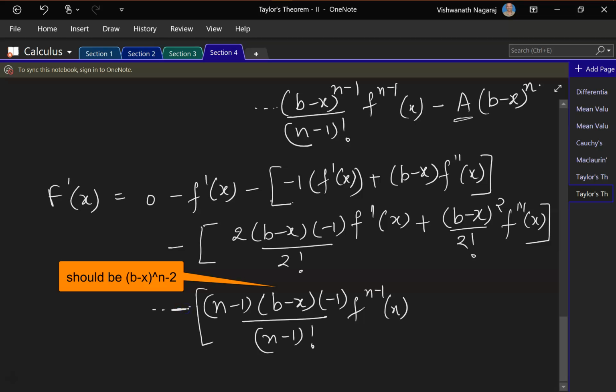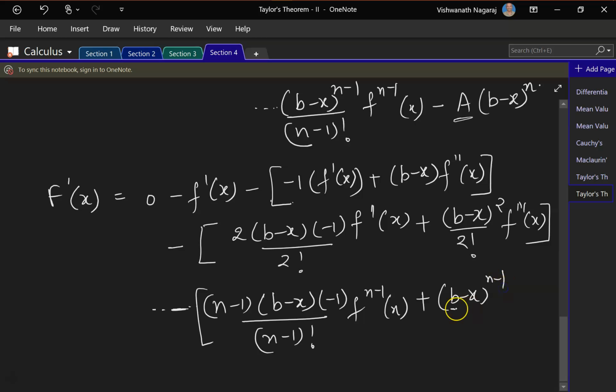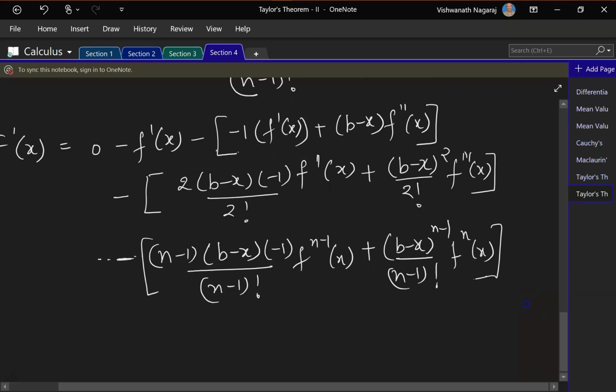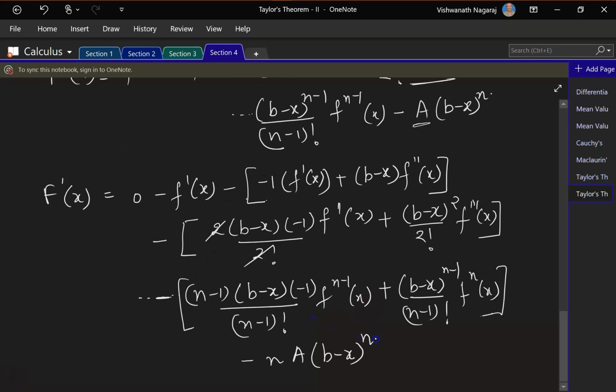Remember there is a minus sign here. Okay, then plus b minus x n minus 1 by n minus 1 factorial remains as it is, and this becomes nth derivative of f of x. Okay, and finally minus n a b minus x n minus 1 times minus 1.